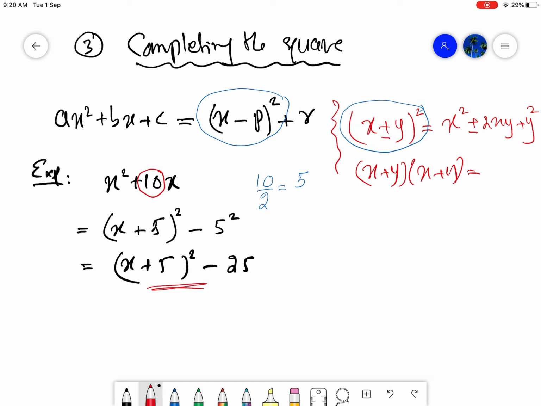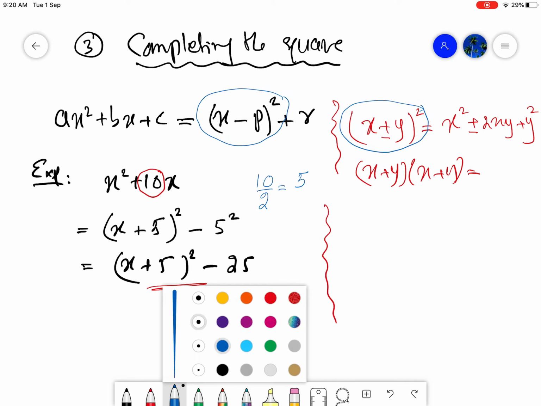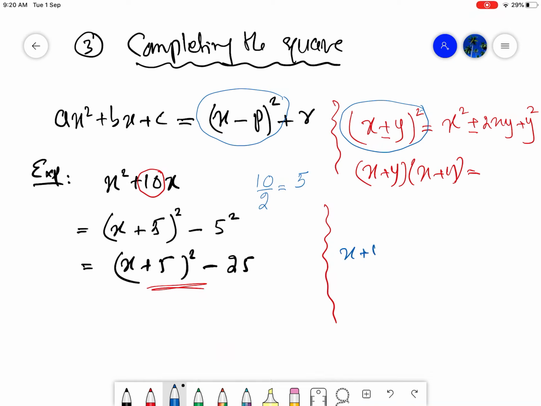You can check whether this is the same thing, if we convert back, whether we get the same function or not. So x plus 5 whole square minus 25. Open this square, you'll get x square plus 25, which is y square, plus 2xy.